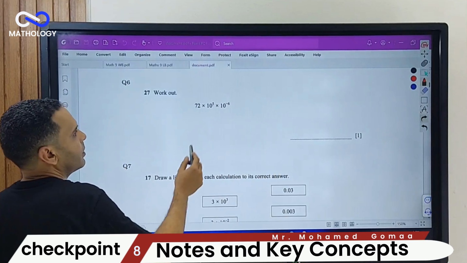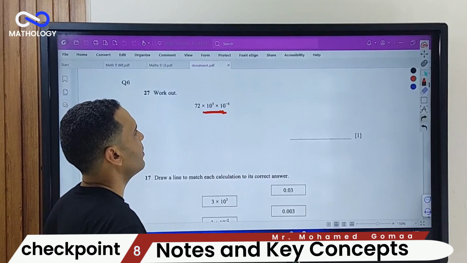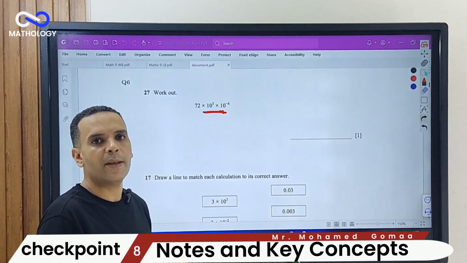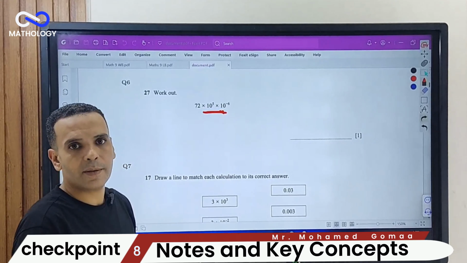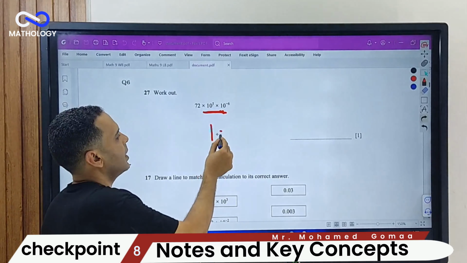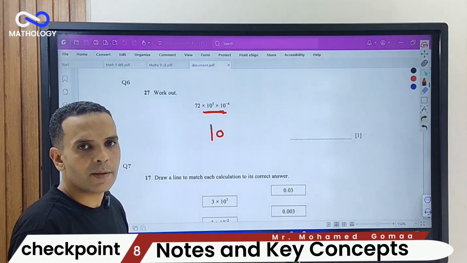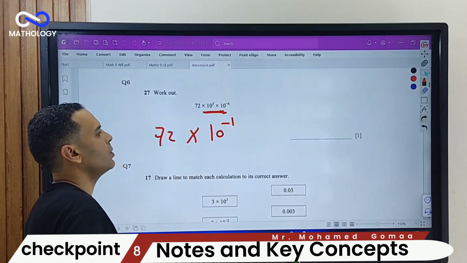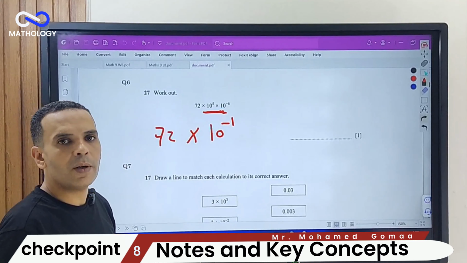Here we have to start with 10 power 5 multiply 10 power negative 6, because these are like bases. Keep 10 and add the powers. 5 plus negative 6 equals negative 1. It will be 72 multiply 10 power negative 1.